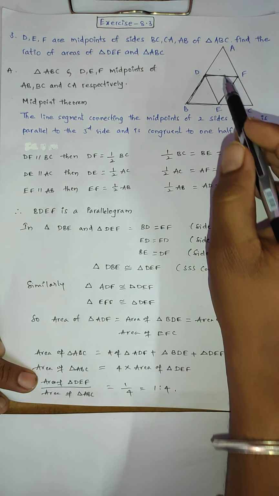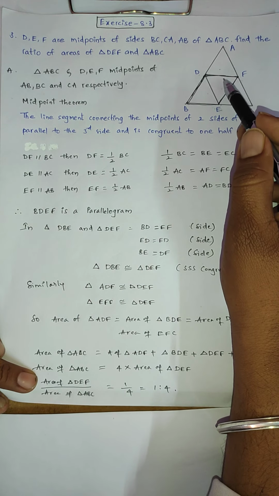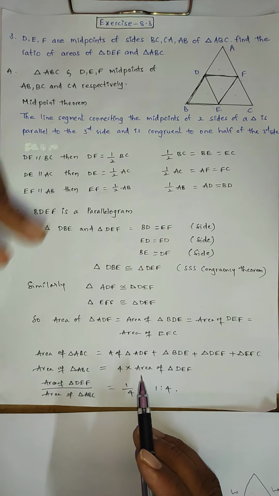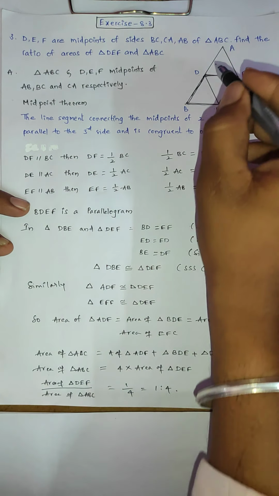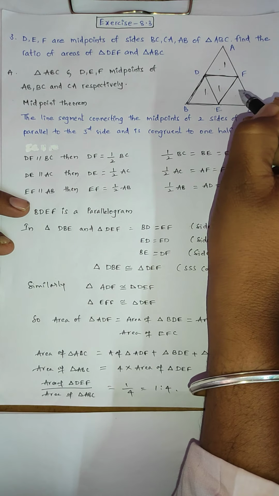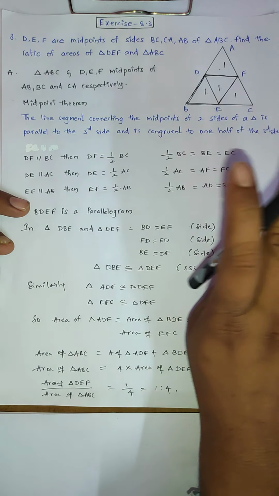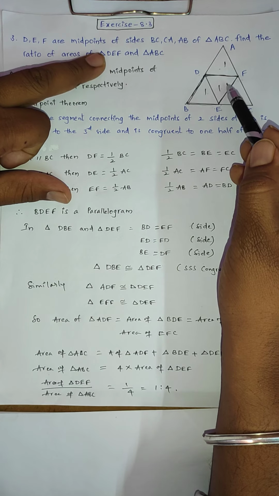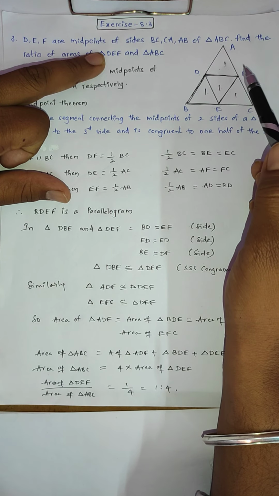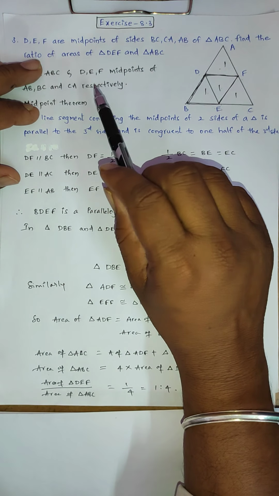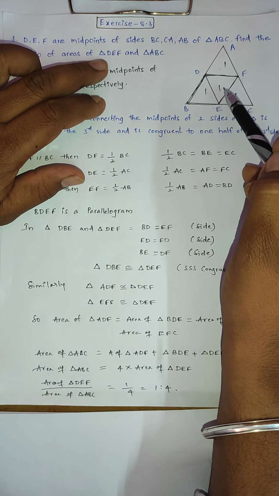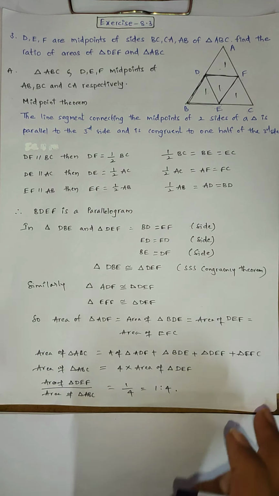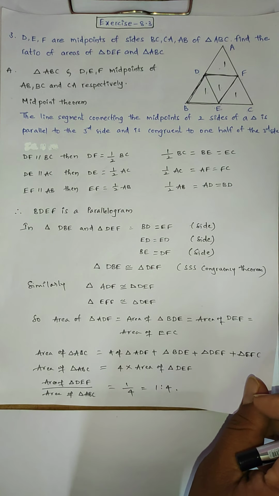Now area of this only one triangle DEF by total triangle ABC is 1 by 4. Total 4. Area of triangle DEF 1, area of triangle ABC 4. Ratio of areas DEF to ABC, this area 1, this area 4, is 1:4. I hope you understood.